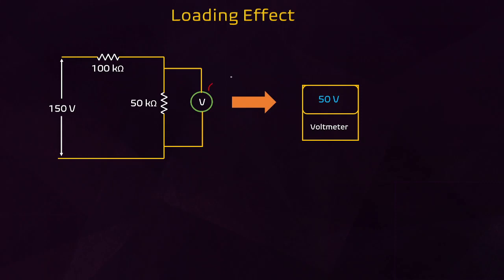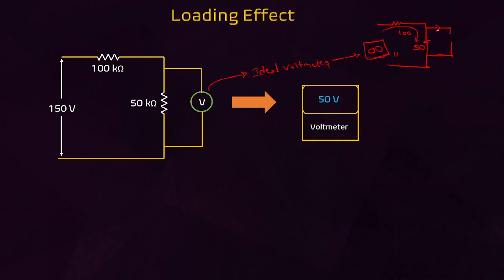This is an ideal voltmeter. An ideal voltmeter will have infinite internal resistance, right? So I will redraw this: 50 kilo ohm, 100 kilo ohm, and here it will be infinite internal resistance, meaning it is simply an open circuit, so all the current will flow like this only.